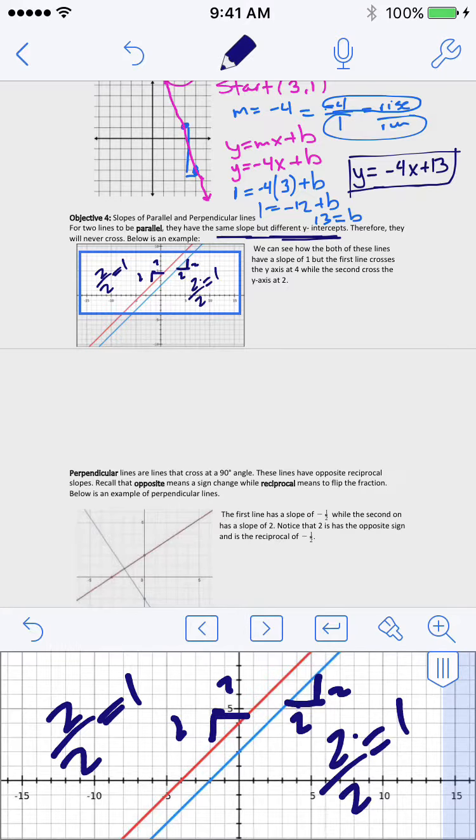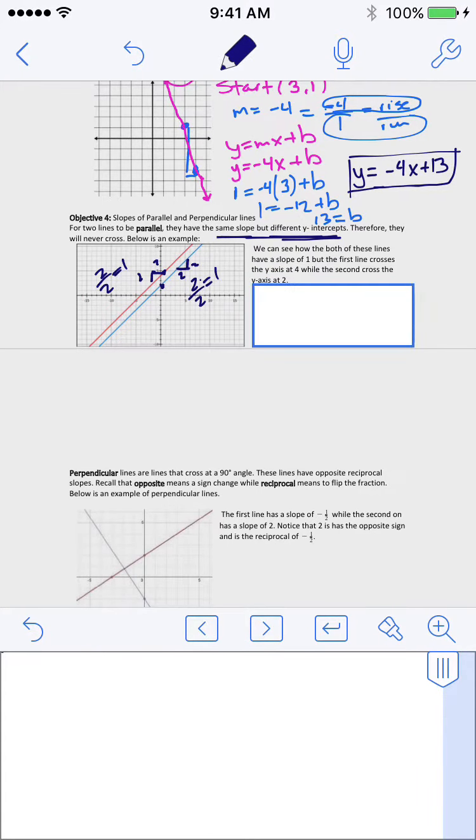They have the exact same slope, right? However, if we look at their y-intercepts, the red line has a y-intercept of 4, while the blue line has a y-intercept of 2, right? These two dots right here. I'm sorry, a y-intercept of (0, 4) and a y-intercept of (0, 2). So same slopes, different y-intercepts, therefore they are parallel.